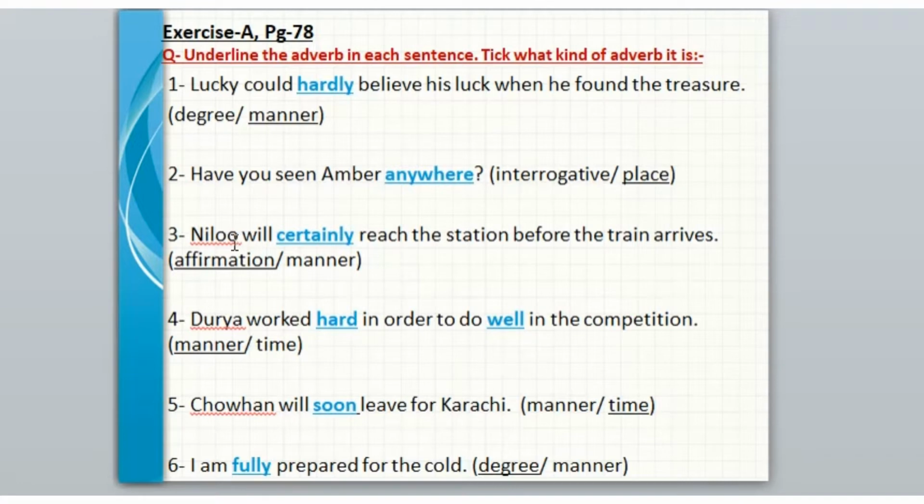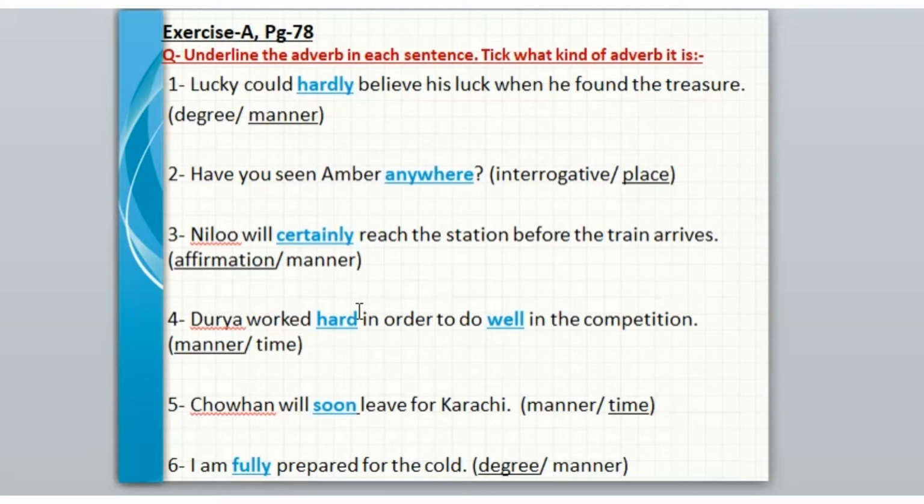Okay. Number 4, Daria worked hard in order to do well in the competition. Bracket says manner, time. So you see, worked hard. What kind of work she did? She has put a lot of effort. So this hard we will underline. This is the one adverb, and we have another adverb here in the sentence.